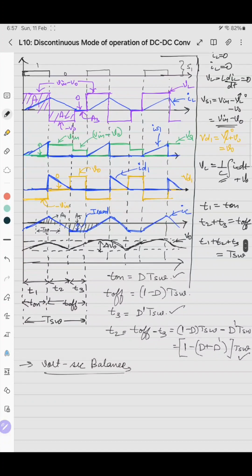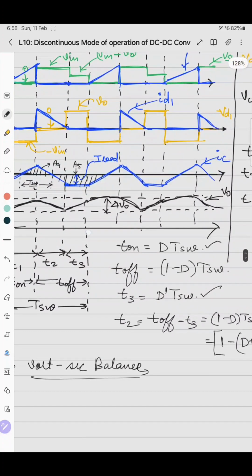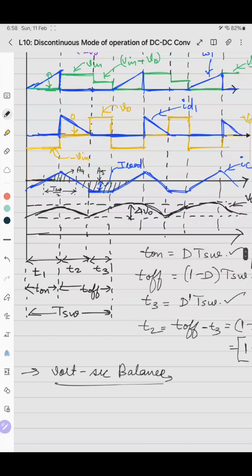Now here the additional time term came, but still this will be equal to T switching, and the period starts from here to here. This whole is T switching.